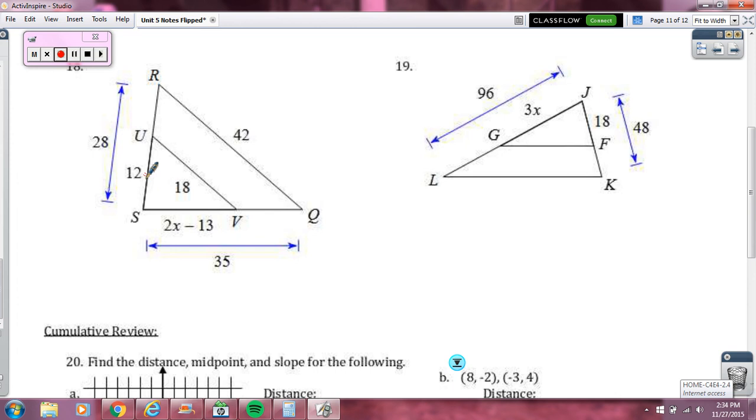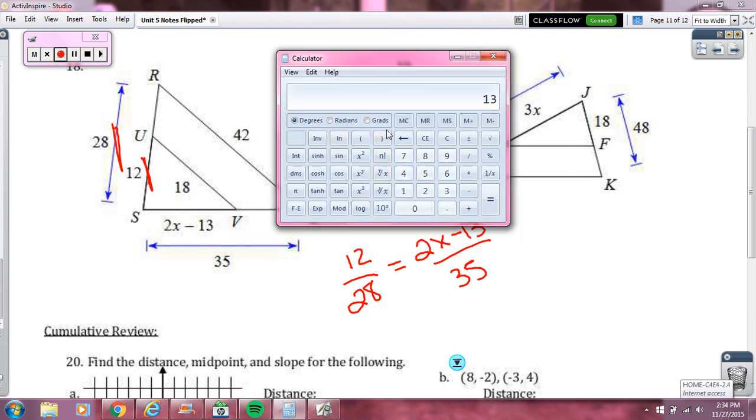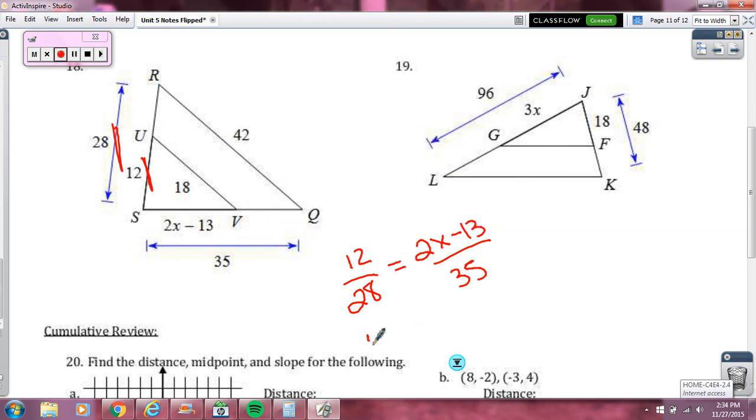Two more of these. I have 12 and 28, so 12 over 28, that should be the same relationship as 2x minus 13 over 35. Calculate it out. 12 times 35 is 420. Is that what that was? Yep.